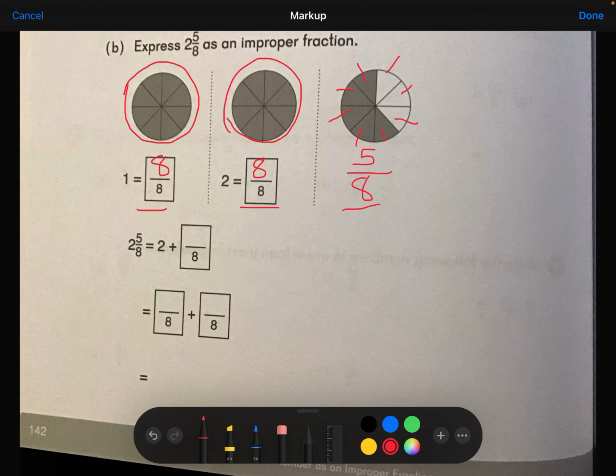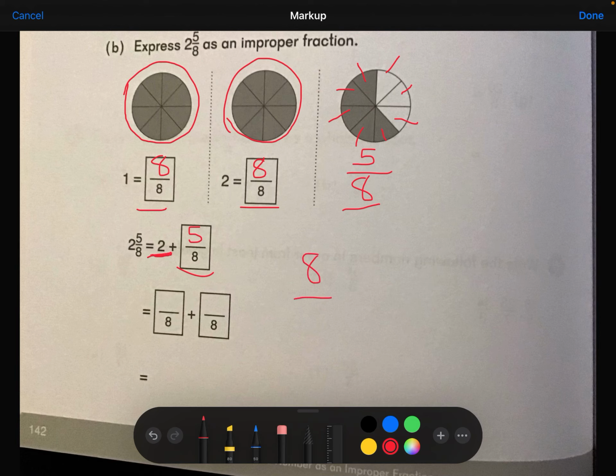wholes and 5/8, and we can actually fill in the rest of the boxes now that we have gone ahead and broken that up. So we know that 2 has been broken up as our whole number. Let's plug in our fractional piece, which is 5/8. We already figured that out. Now, how can we represent 2 as one improper fraction?